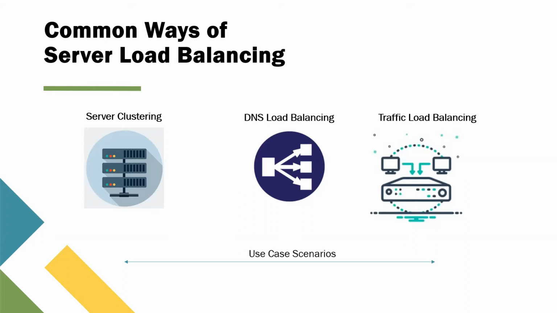Right? So in this kind of load balancing, all the traffic, when I say all the traffic, it means the actual traffic, is forwarded to your local traffic manager, the traffic load balancing platform.